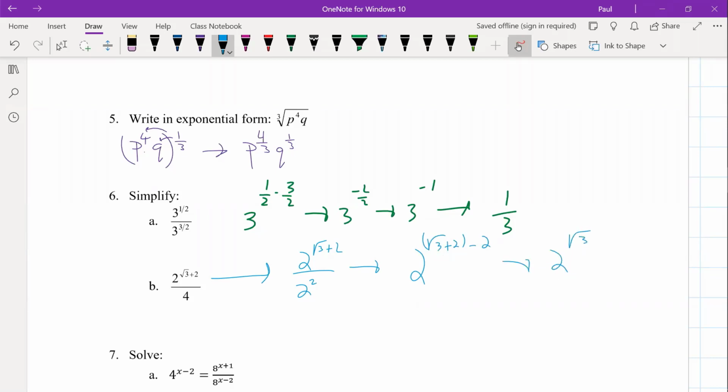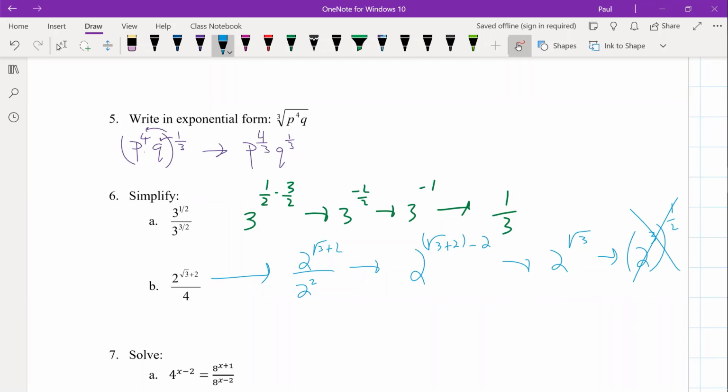Yeah, and at this point, you're done. Every year I get a couple guys who want to do this. This is not the same thing. 3 to the 1/2 is the square root of 3, but only if the 3 is in the base. If the 3 is in the power, not the same. So if you have a radical in the exponent, you can't use the 1/2 power on top of that.